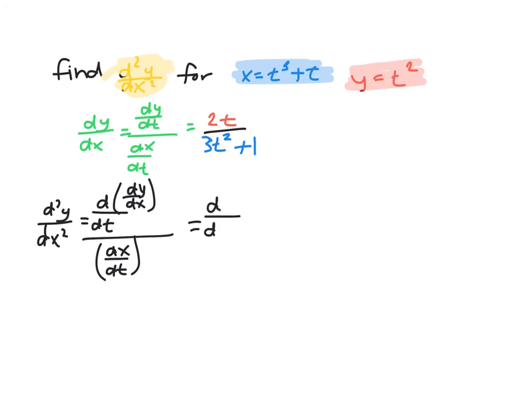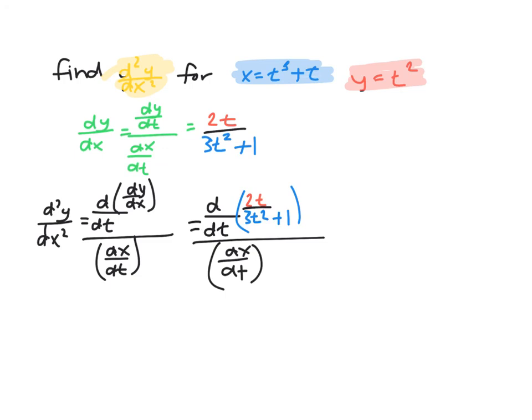We're going to differentiate with respect to time this function, 2t divided by 3t squared plus 1, and then divide that by the change in x with respect to time. The good part is that this function is in terms of t, so we can just use the quotient rule here.